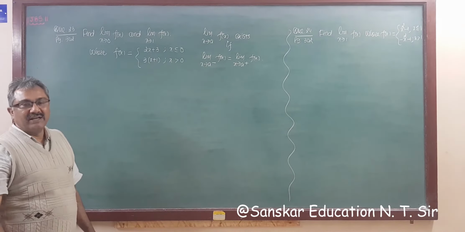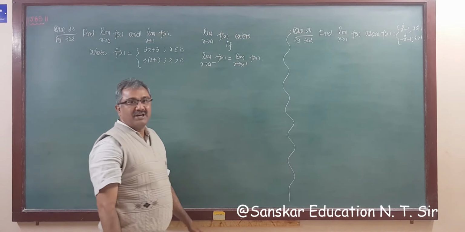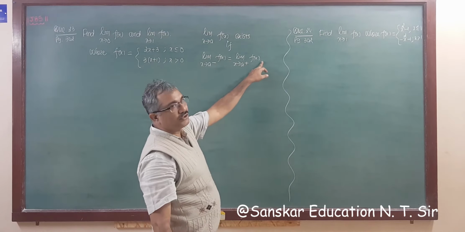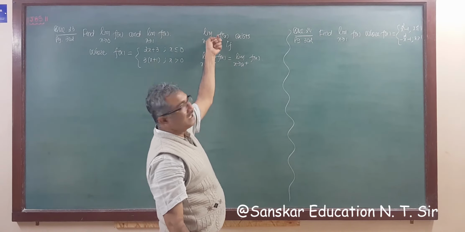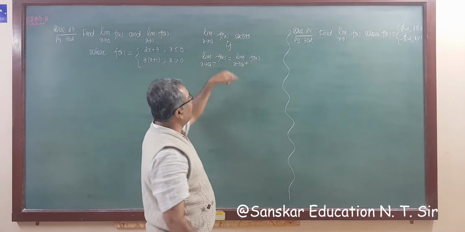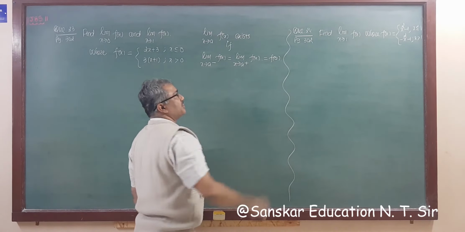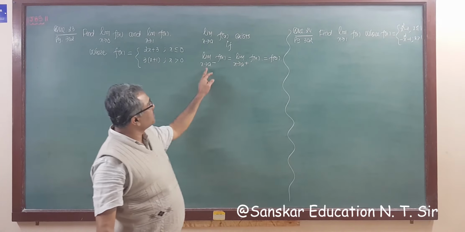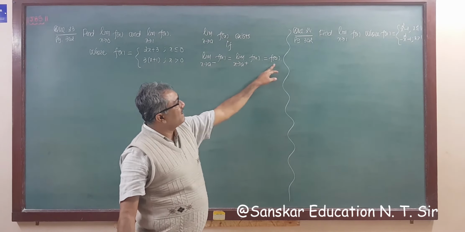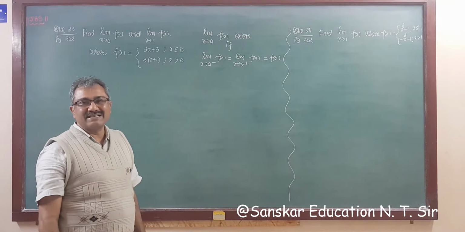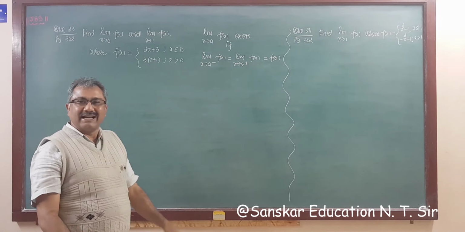Then the limit exists, and we can say that the answer of this is L. And the value of this is equal to f of a. We have to substitute x equal to a in f(x), and that is your f of a. Then we can say that the limit exists, right?